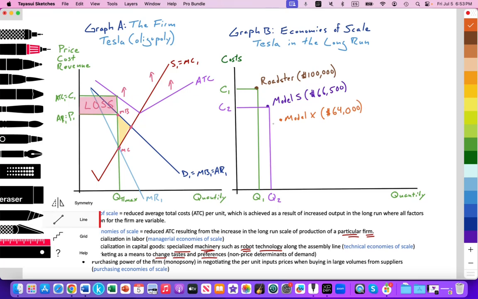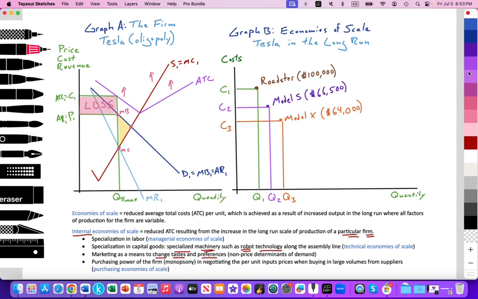And that gives us a lower price due to a lower cost, and that's a result of more output. So here we have C3 and more output at Q3. And then we get to the Model 3, their next model. Here, let's choose perhaps maybe a dark gray. Let's really choose this point here.